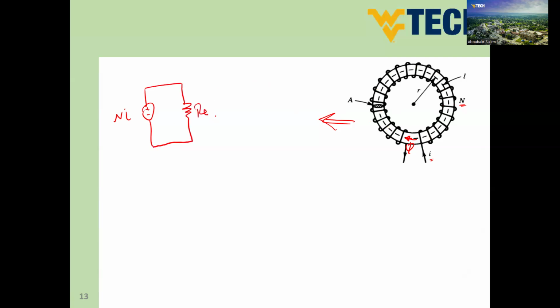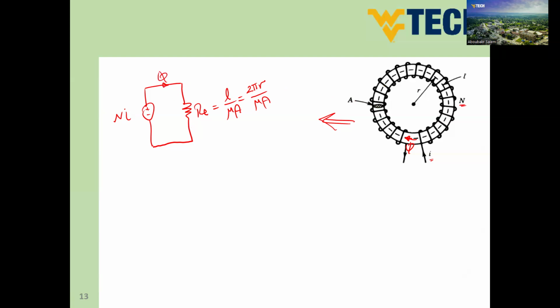And this is our reluctance, which is L divided by mu times area. L is 2 pi r, so we can substitute that here: 2 pi r, this is the radius we have, divided by mu times the area, and the cross-section area is given here. And for sure the flux will be moving here.